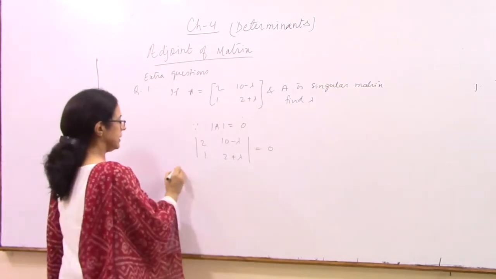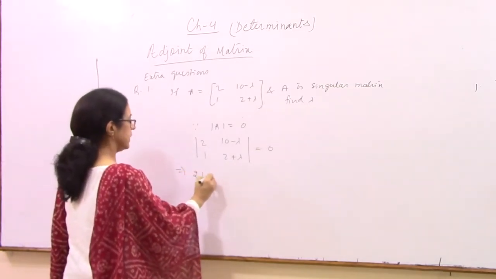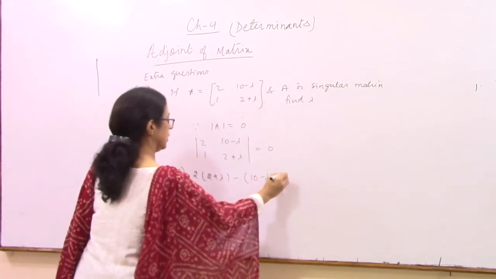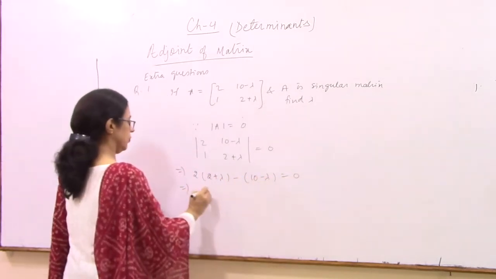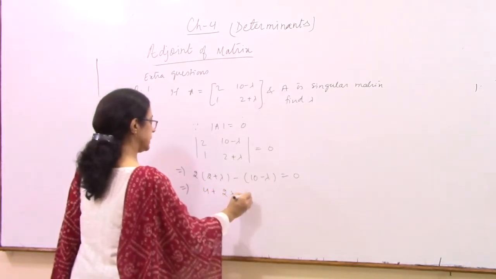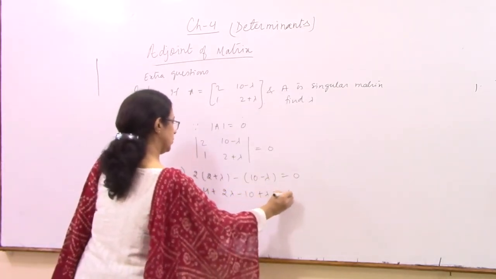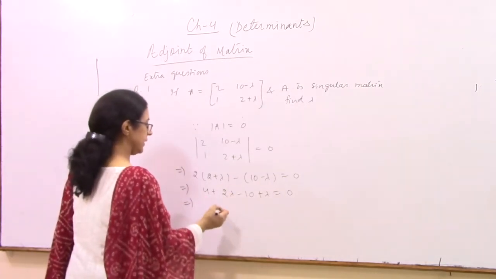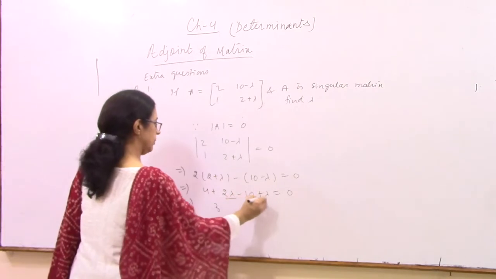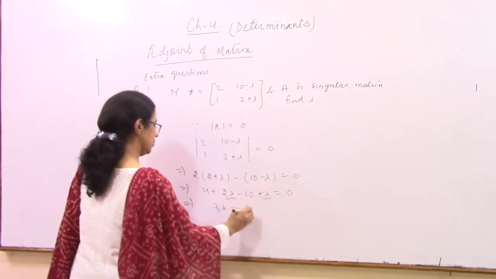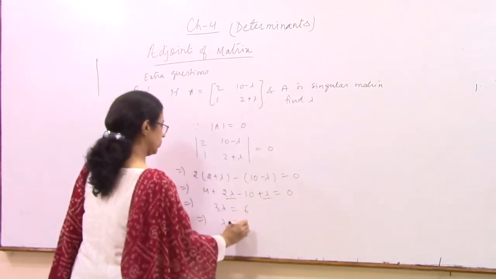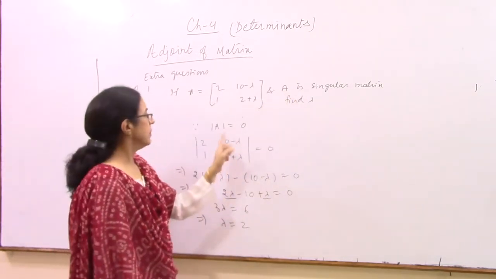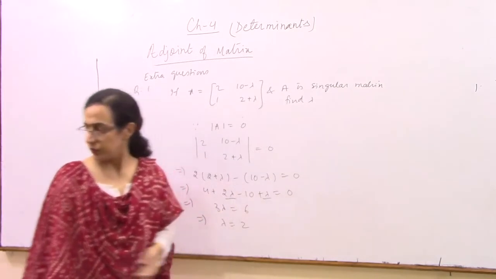Now solving this determinant, we have 2 times 2 plus lambda minus 10 minus lambda equal to 0. 4 plus 2 lambda minus 10 plus lambda equal to 0. Now 4 minus 10 is minus 6, shifting to the right hand side, and 2 lambda plus lambda is 3 lambda equal to 6, then lambda equal to 2. A singular matrix means determinant A equal to 0.